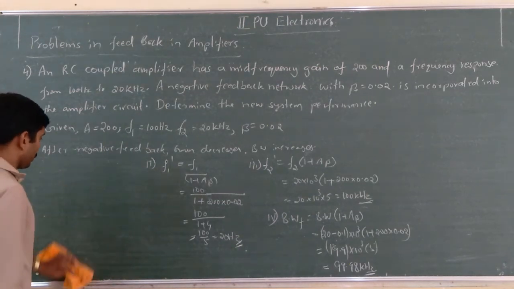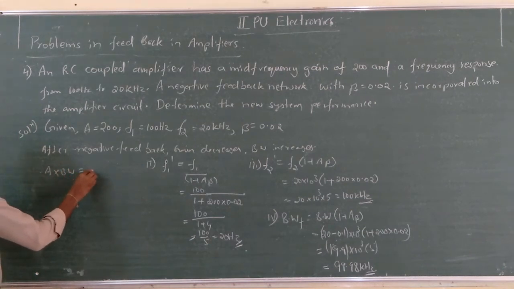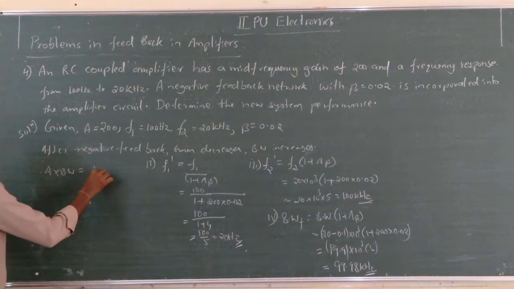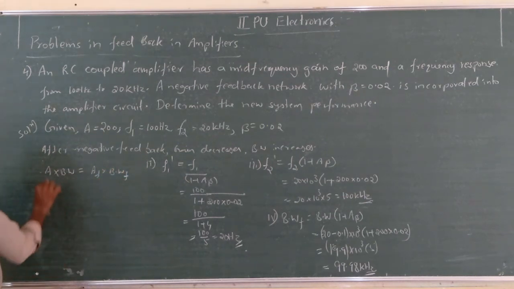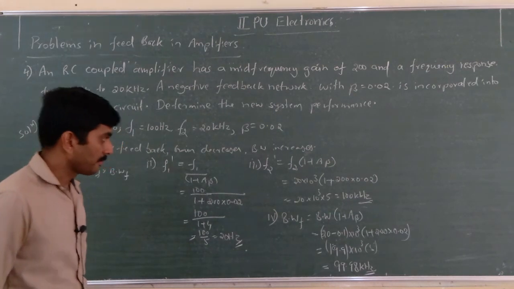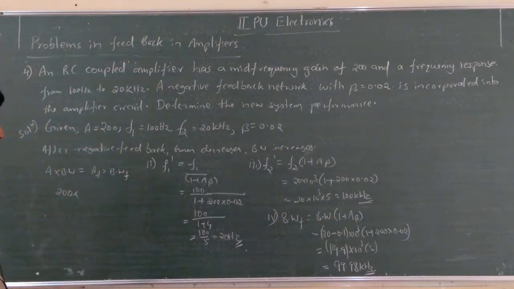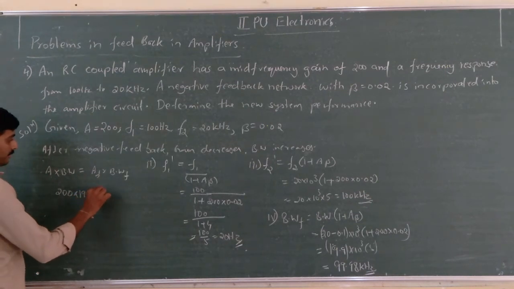Gain bandwidth product constant before feedback: A into bandwidth, 19.9, is equal to Af.